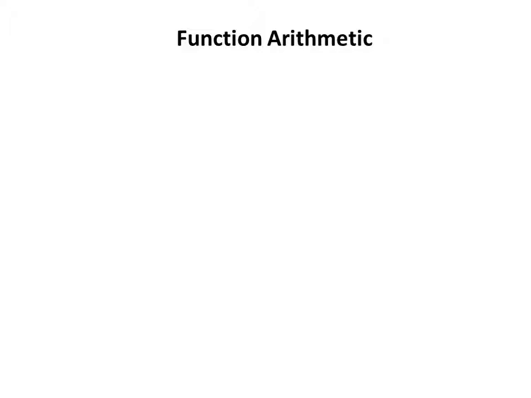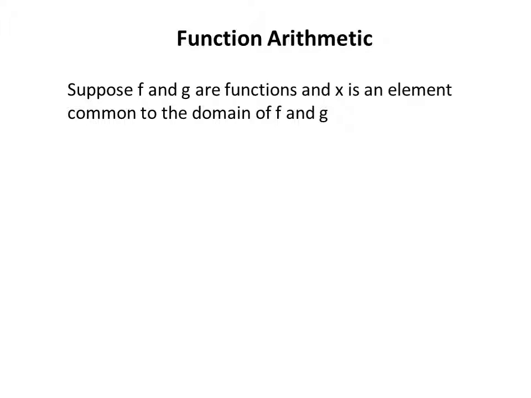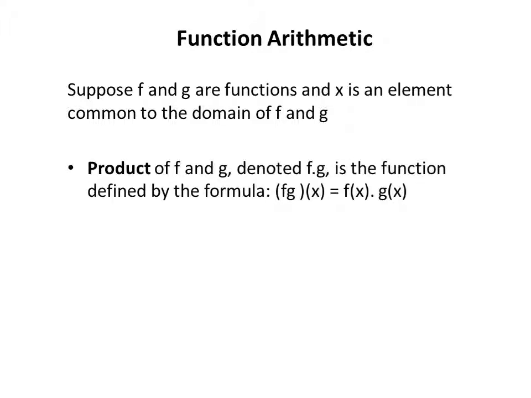The next two are product and quotient. The product of f and g, denoted by f times g, is the function defined by the formula f times g of x, which is f of x times g of x. That means we are multiplying the two functions together.